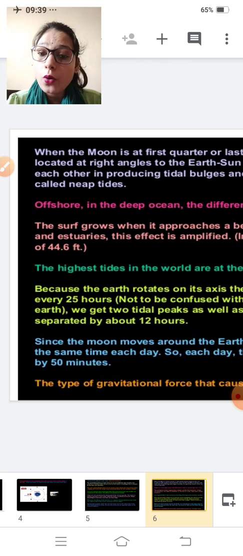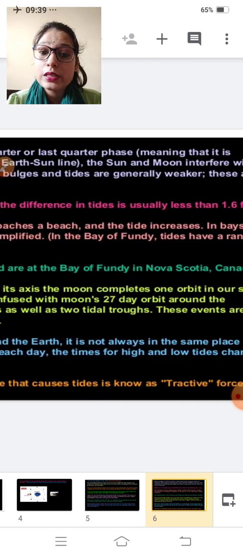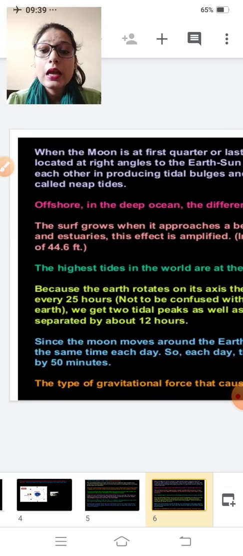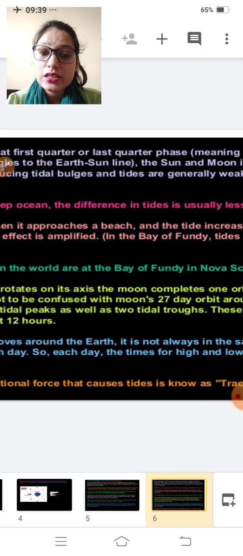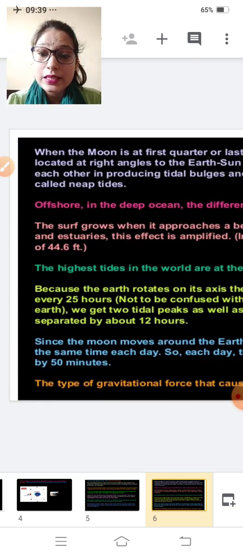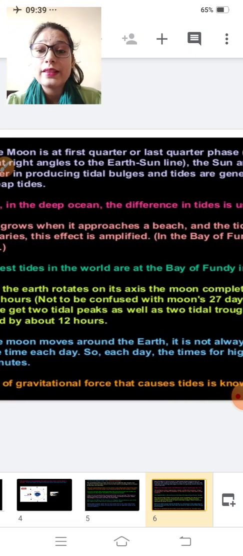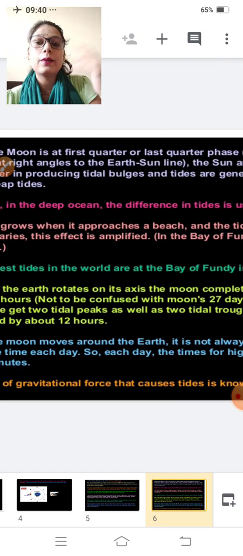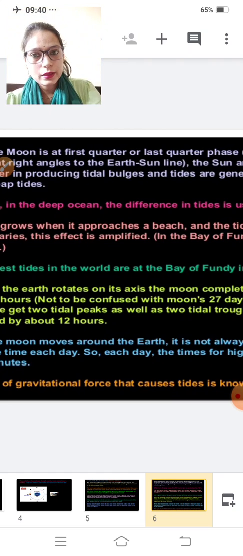Okay. Offshore in the deep ocean, the difference in tides is usually less than 1.6 feet. The surf grows when it approaches a beach, then tides increase in bays and estuaries. This effect is amplified. That means if the moon becomes full, if the size of the moon becomes more and more, at that time tides become high. Is this clear to you?